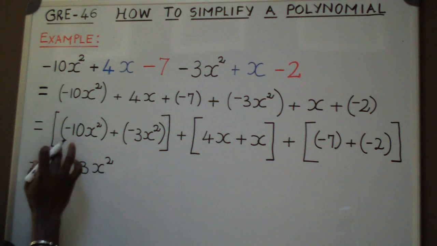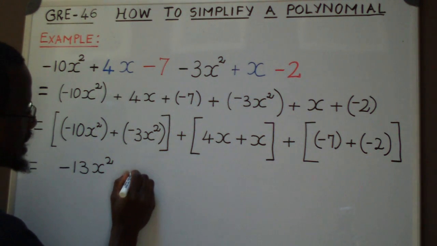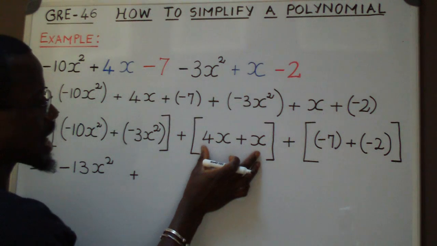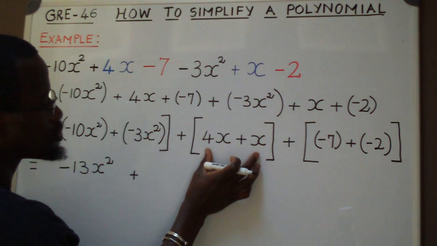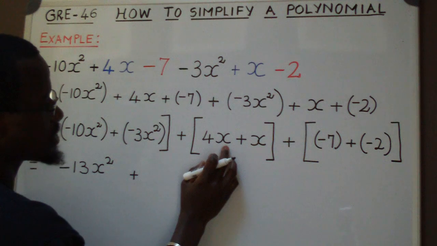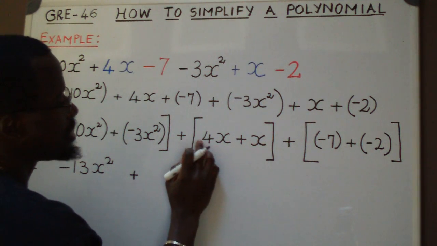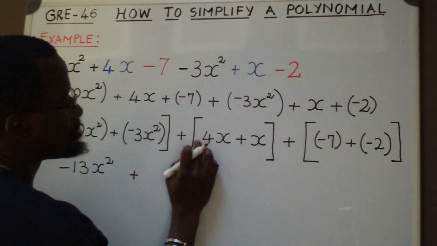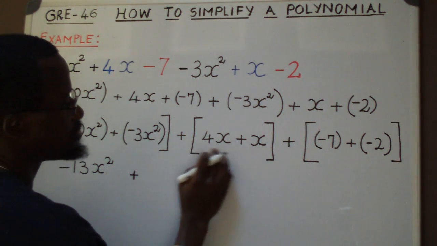Okay, so now I'm done with this square bracket. Now I will write here plus, and now I'm going to deal with this second square bracket. In the second square bracket I have 4x and x. In other words, these monomials inside the square brackets are positive monomials.